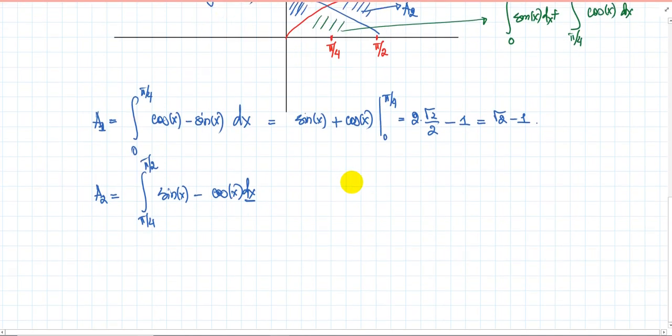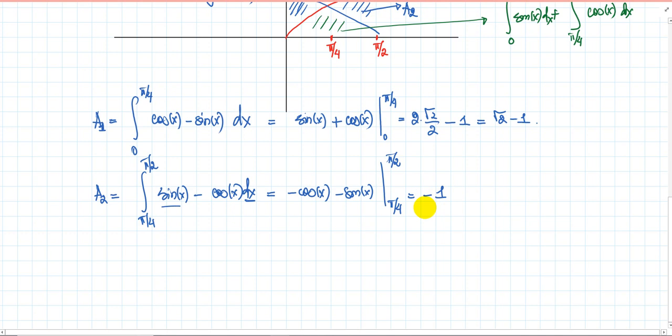The rest is technique. The antiderivative of the sine is minus cosine of x, and the antiderivative of the cosine is sine of x. We need to evaluate this from pi over 4 to pi over 2. If you put in pi over 2, you get minus 1, because cosine of pi over 2 is 0 and sine of pi over 2 is 1.